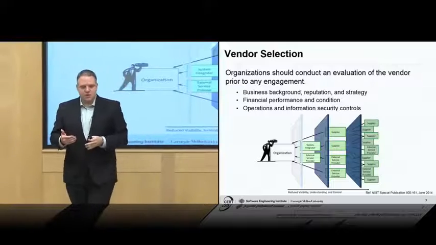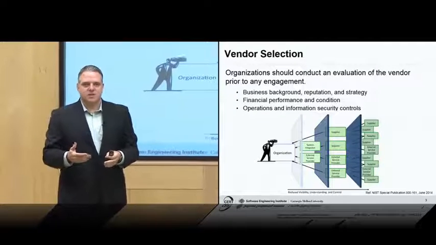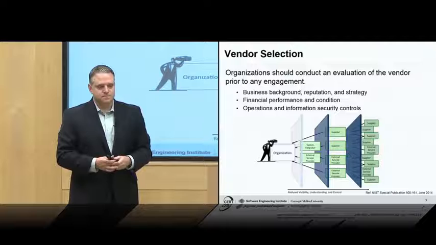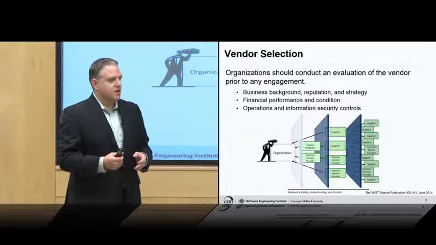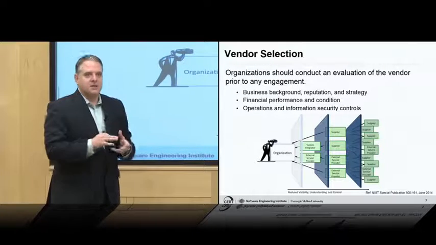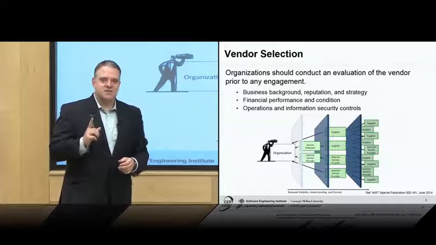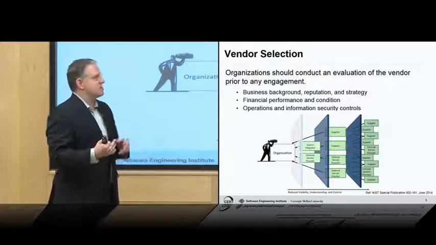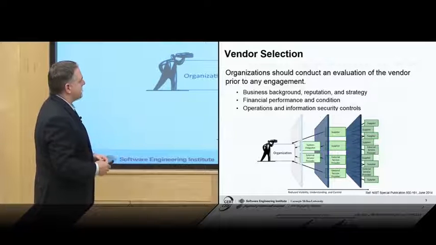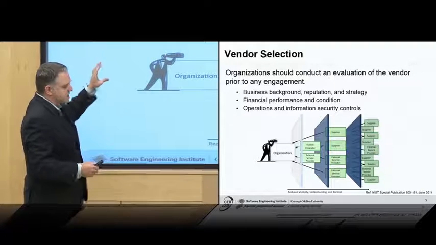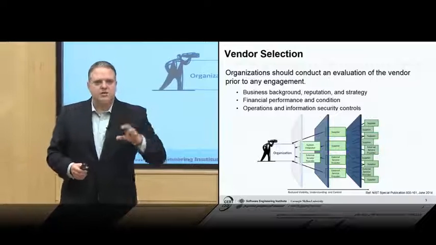You've seen with many examples recently, Target being the most visible of those, that companies are starting to look at vendor management and go, wow, there's something to this. We have risks associated with our vendors that we probably should be managing. So we ought to look at things like: what is the vendor's background?